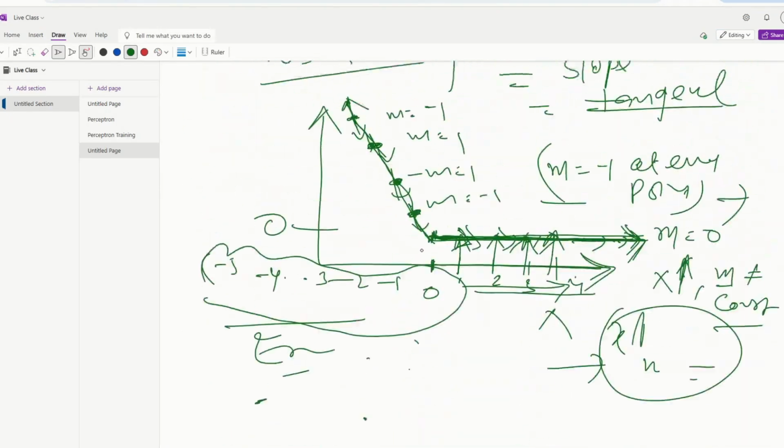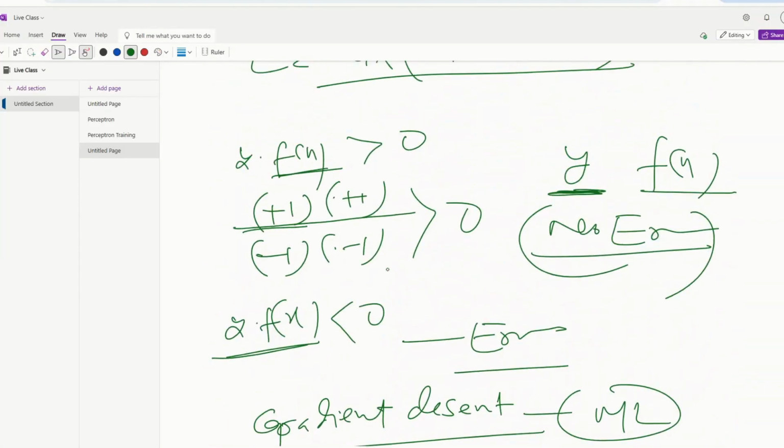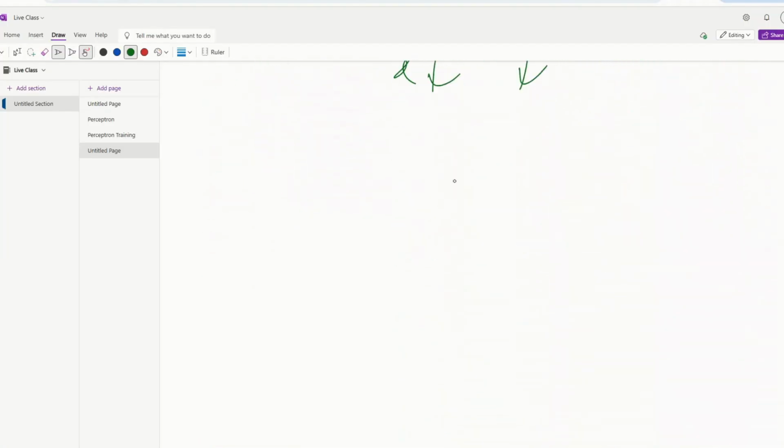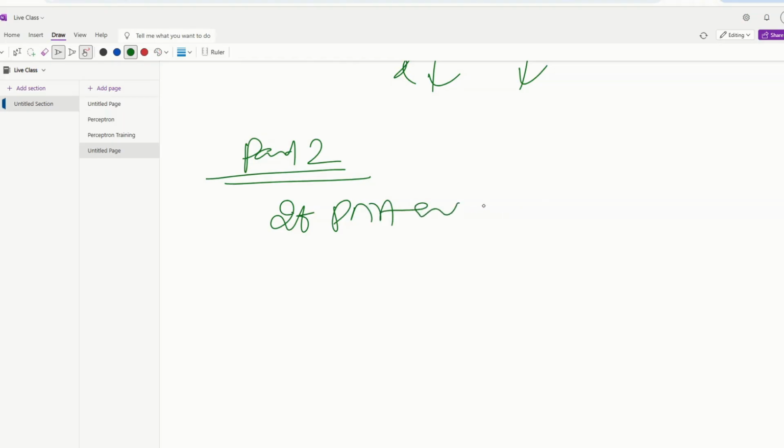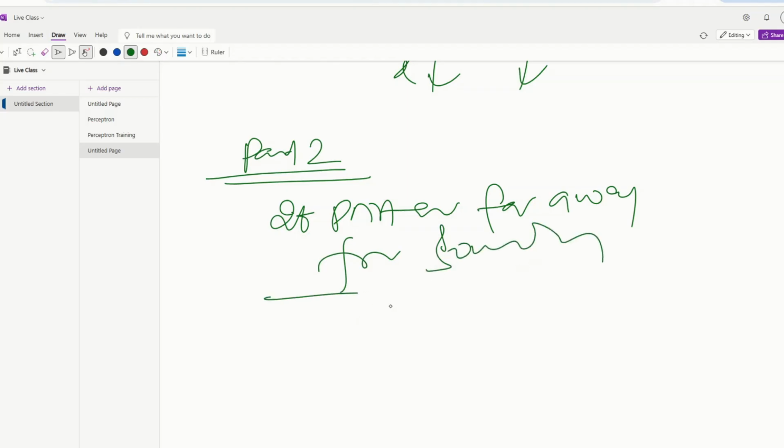In part 2 I wanted to explain these concepts. The conclusion of part 2 is this: it does not matter if the error points are far away from the boundary.